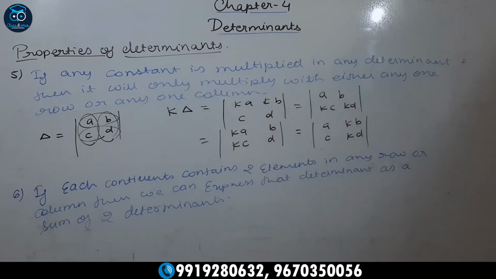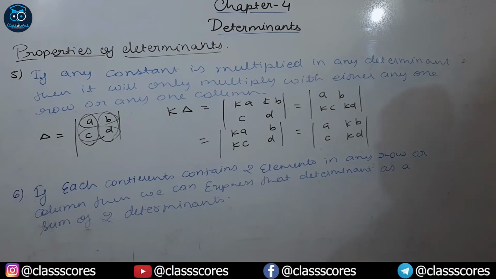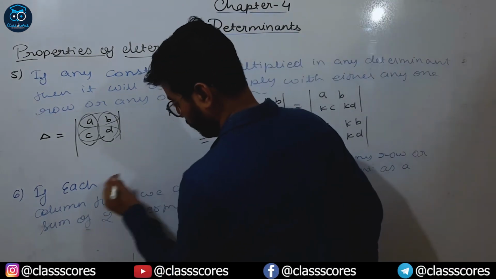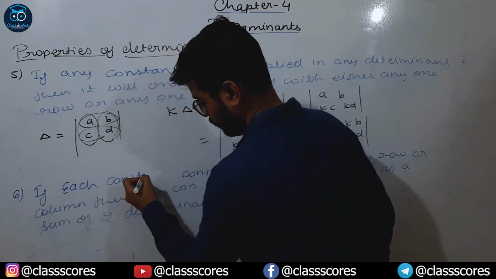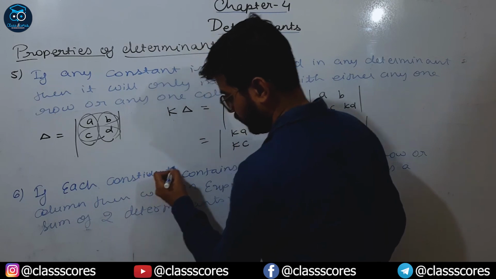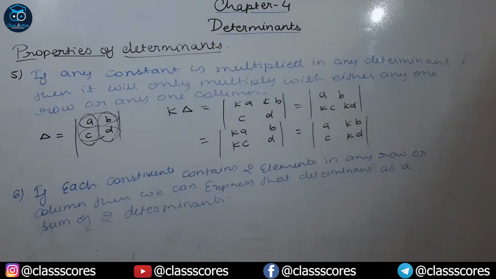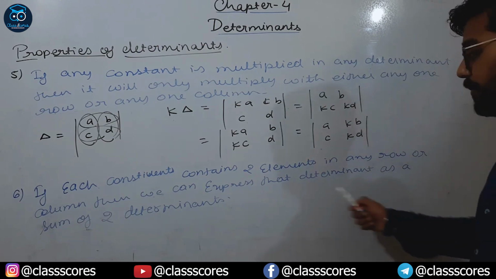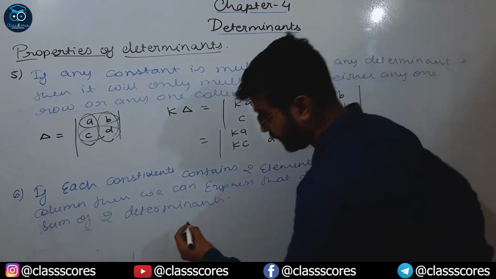If each constituent contains two elements in any row or column, then we can express that determinant as a sum of two determinants.